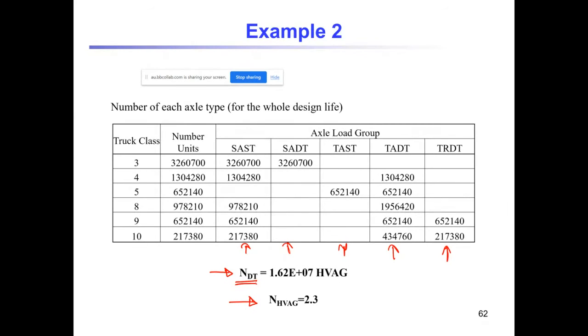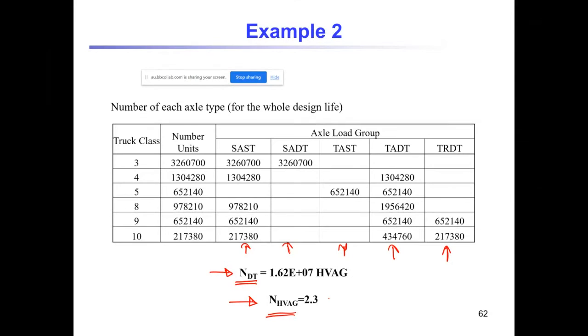So it becomes 1.62 times 10 to the power 7 heavy vehicle axle groups. And you remember this parameter from the previous lecture. It is the average number of axle groups per heavy vehicle.